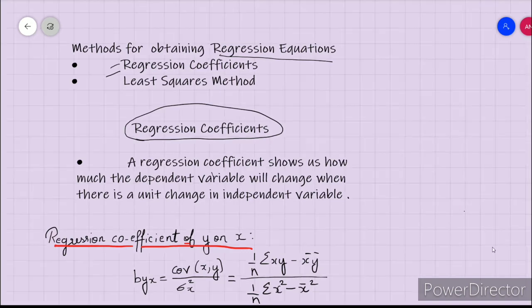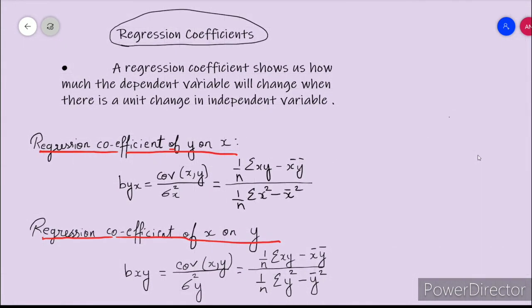Let us take two variables, x and y. Consider the regression coefficient of y on x. Here y is the dependent variable and x is the independent variable.